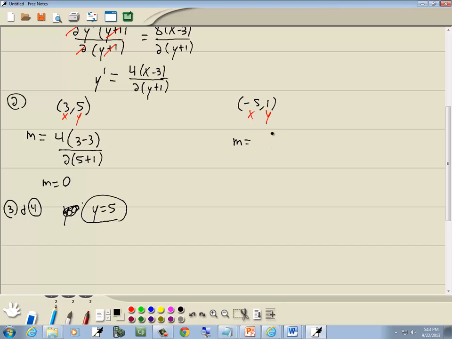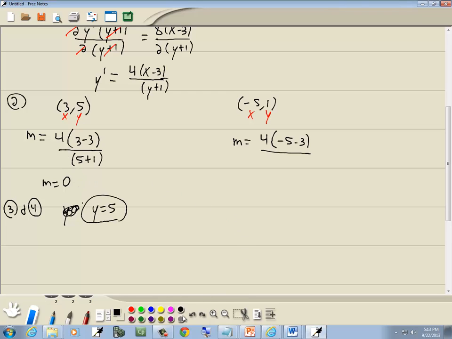Now this one, we have to do a little bit of work on. Okay, so we'll plug this in for x, plug this in for y. So I've got 4 times (negative 5 minus 3) over... where'd that 2 come from? Boy, I'm not doing too well here, am I?